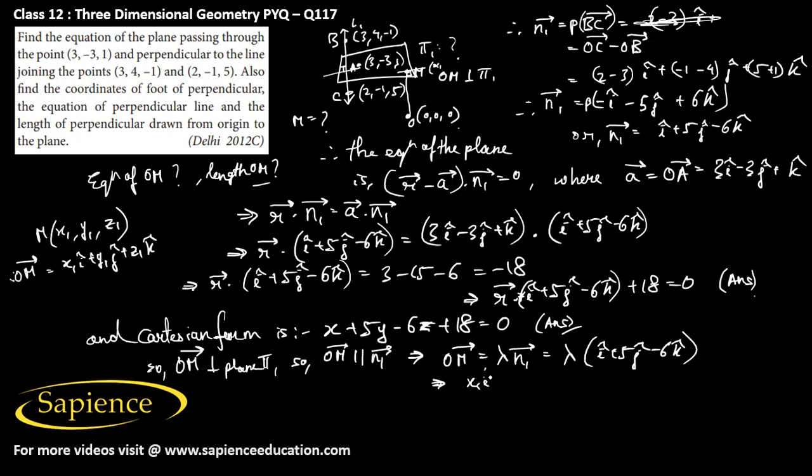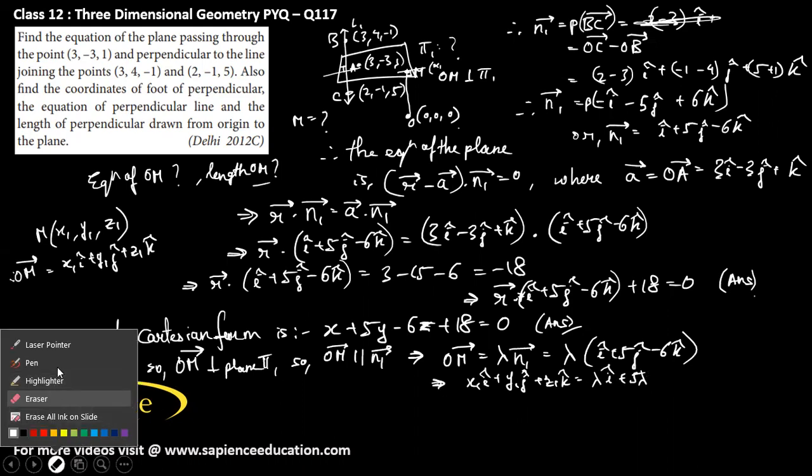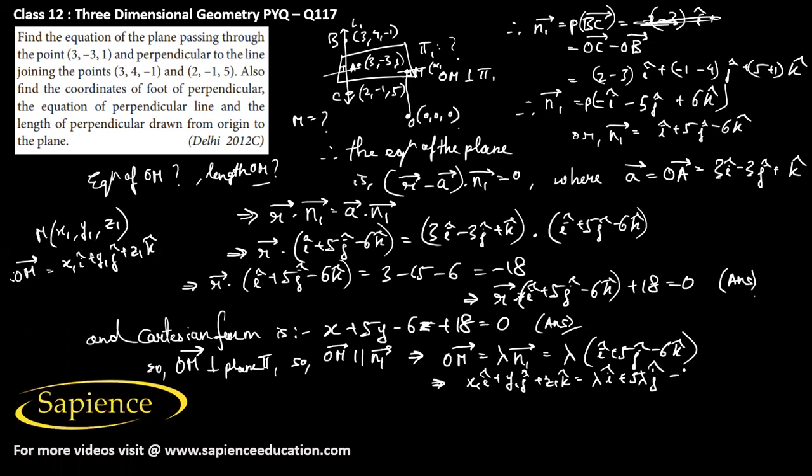So this x1 i cap + y1 j cap + z1 k cap is equal to lambda i cap + 5 lambda j cap - 6 lambda k cap. So therefore, x1 we can write as lambda, y1 is 5 lambda, and z1 is -6 lambda. So the coordinates of the point M we can take as (lambda, 5 lambda, -6 lambda).